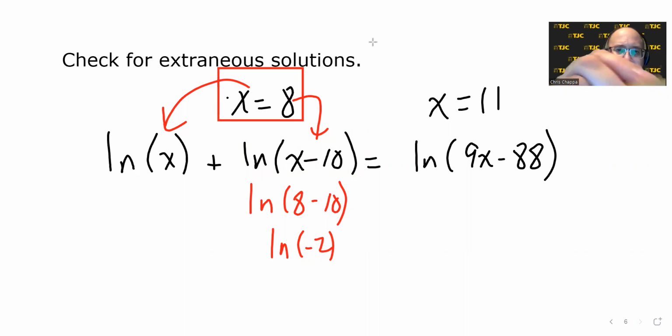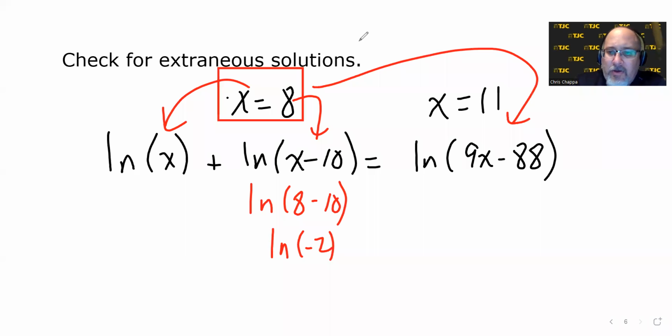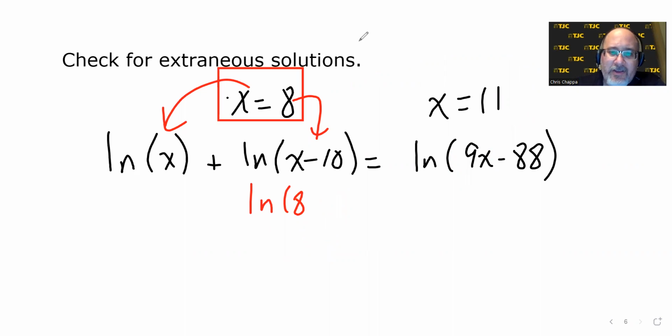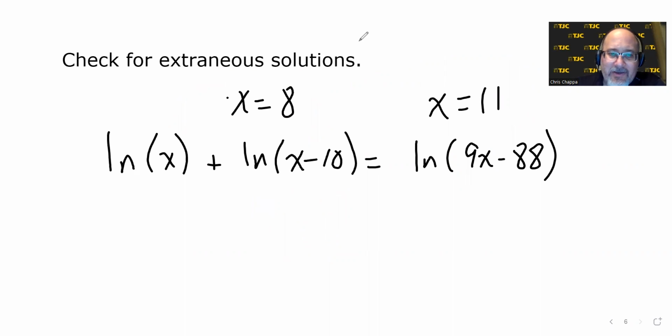It just so happens that the 8 would cause the same problem over here, because we would get 9 times 8 is 72. 72 minus 88 is negative because 88 is bigger than 72. So because of what the 8 does in 2 out of the 3 arguments, the 8 is not good.